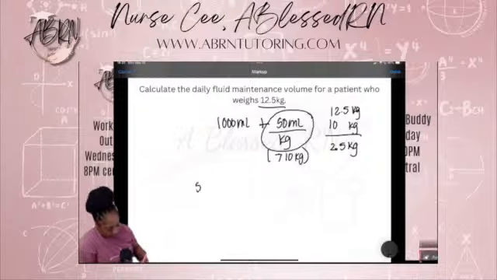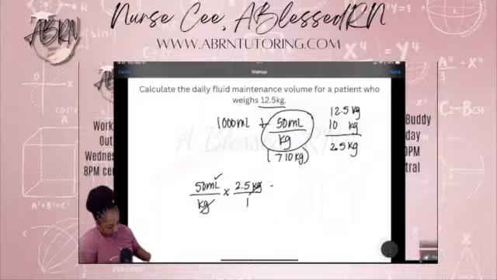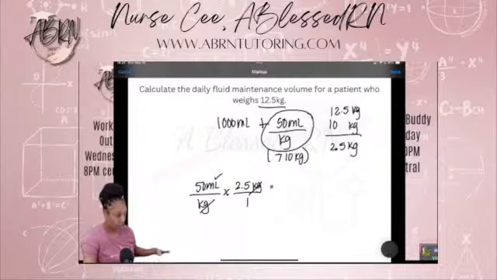We have 50 milliliters per kilogram, and we have 2.5 kilograms over 1. Your kilograms cross out, and this is going to give you how many milliliters? That's 50 times 2.5, so that'll be 125 mLs, right?